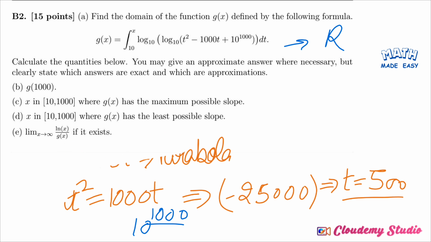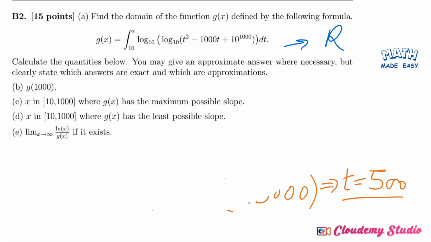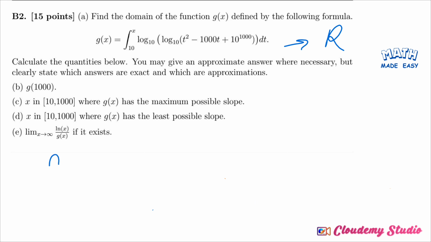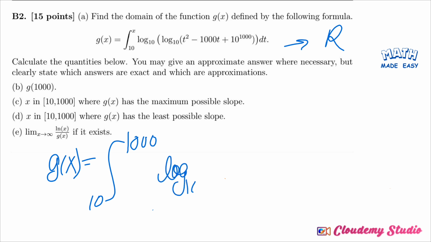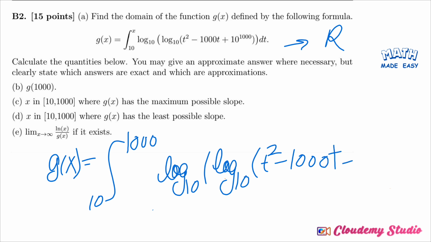Now the second question, the B part, is g of 100. In place of x we have to put the integral with limits from 10 to 1000 of log of t square minus 1000t plus 10 raised to power 1000 dt.